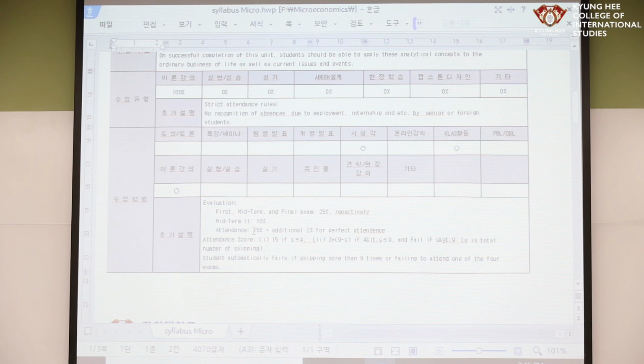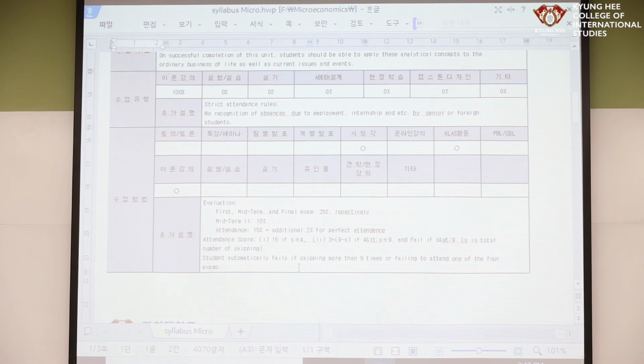If you skip more than, where is it, 8 or 9 times, you automatically fail. If you skip less than 8 times, then everybody has the same score in attendance. So your final grade is decided only by the 4 exams, basically. This kind of ordinary rule is not applied in this emergency situation.